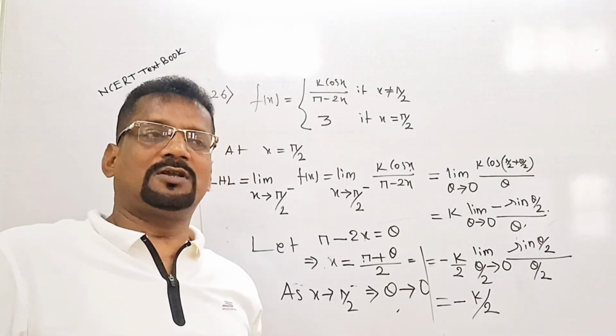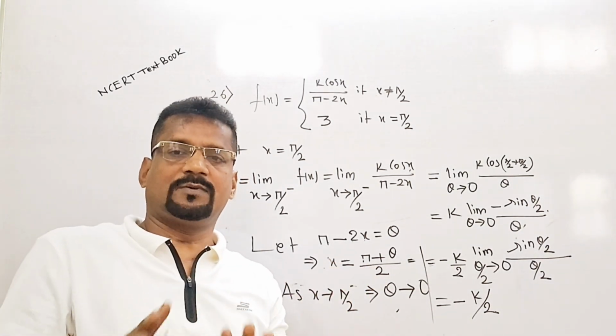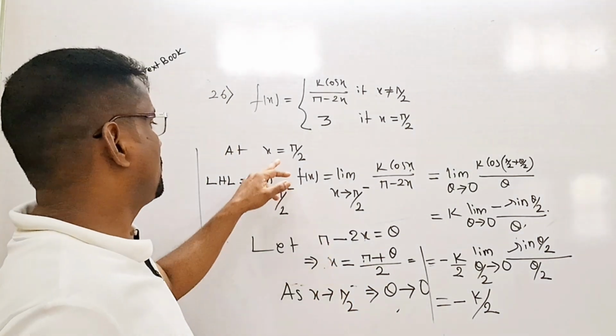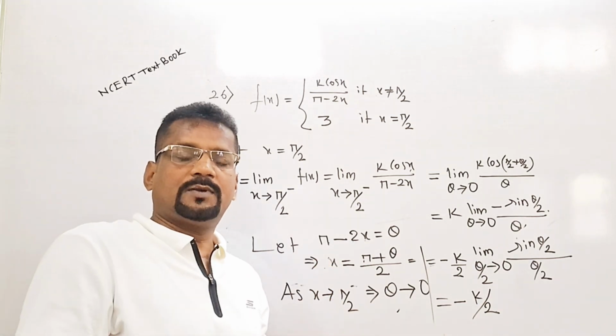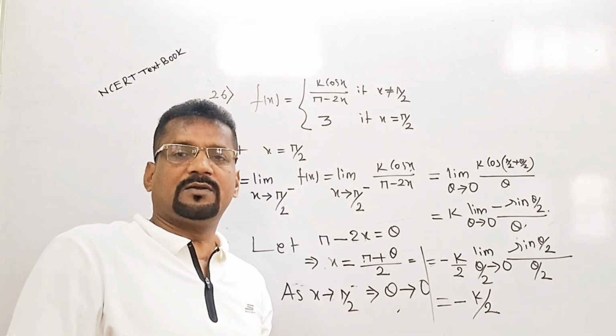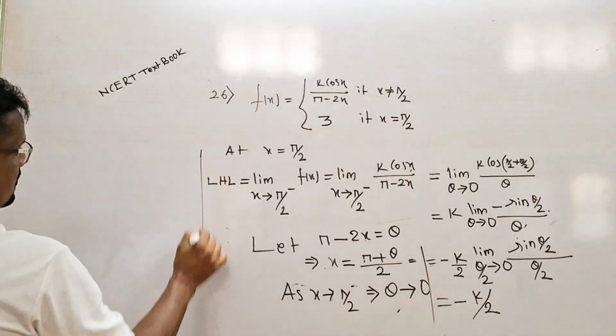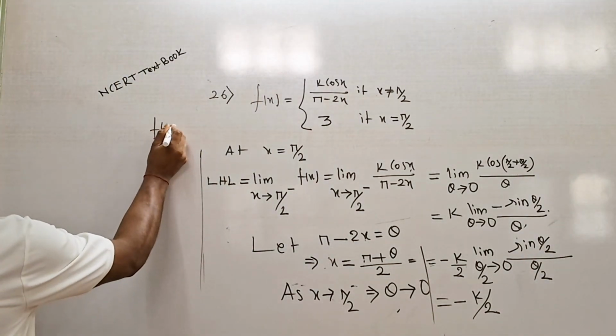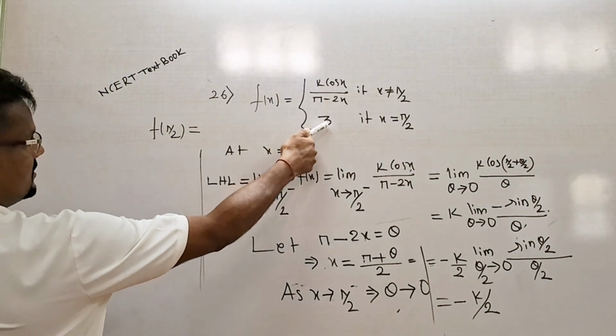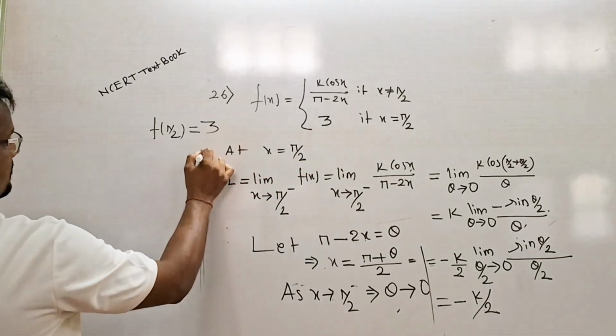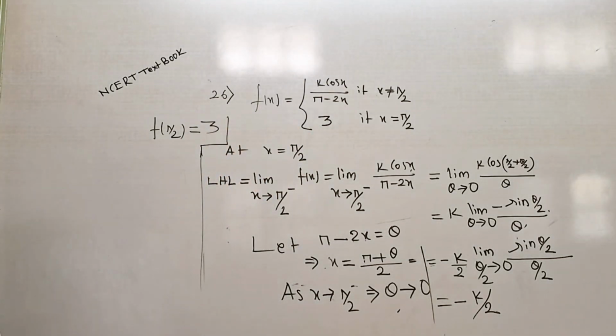If a function is continuous, LHL equals RHL equals functional value. At the point pi by 2, the left hand limit, right hand limit, and f of pi by 2 all are equal. So from here, if you find out f of pi by 2 directly, you will get the value easily as 3.